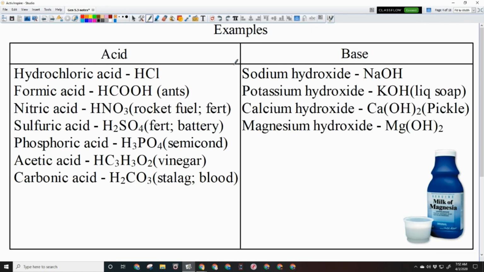All right, so some examples of acids and bases. We've already talked about hydrochloric acid, and this is a really common acid in chemistry. Out in the, quote, real world, you can get it, they use it for all sorts of things.